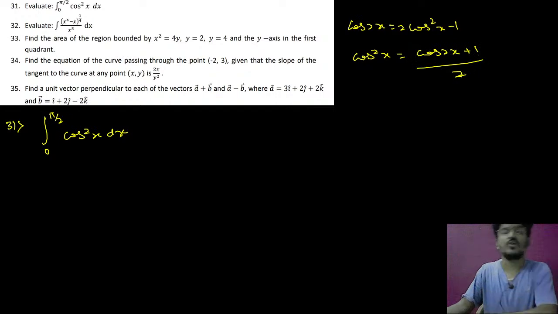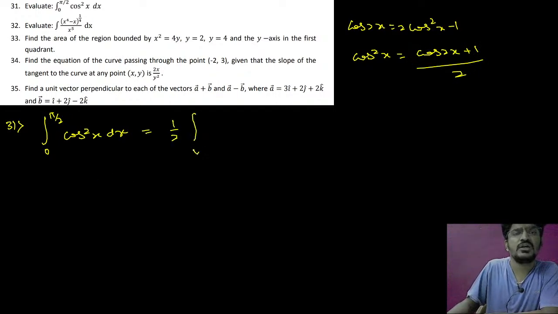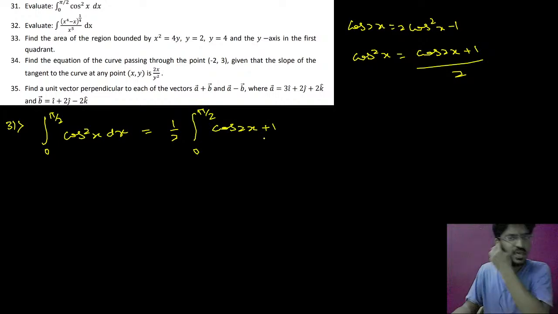This formula you have to use here. That will be 1 by 2 is constant, 0 to pi by 2. Here you are going to get cos 2x plus 1. Clear? Use this formula, cos 2x equal to 2 cos square x minus 1. Minus 1 if it comes this side, it will be cos 2x plus 1. So therefore cos square x is equal to cos 2x plus 1 divided by 2.